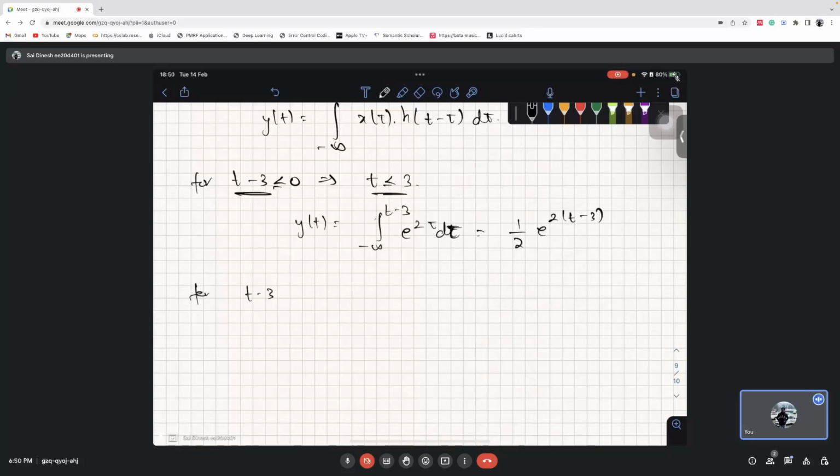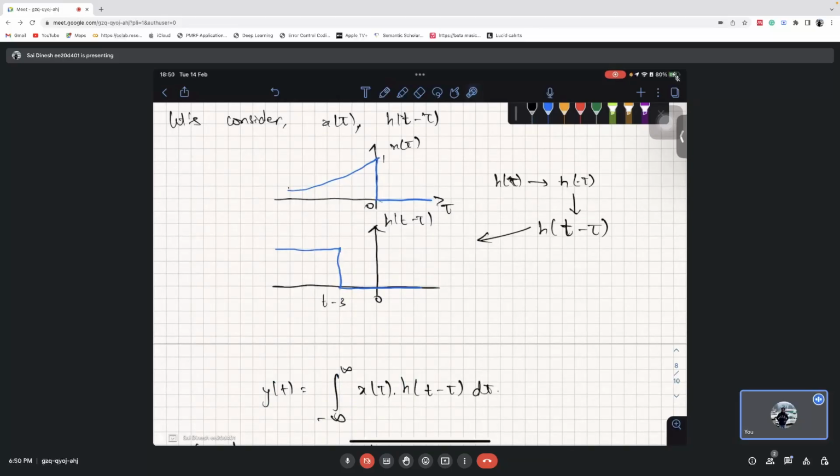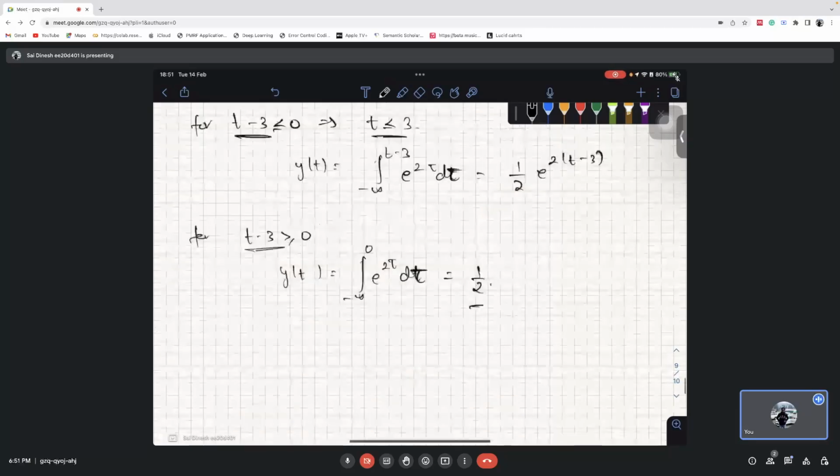But for t minus 3 greater than or equal to 0, once this goes to the right hand side, the overlap only becomes this part, till 0. So y of t is the integral from minus infinity to 0 of e power 2 tau d tau, which is equal to 1 by 2. Right, so for t greater than 3 we have a constant, until then we have an exponential.